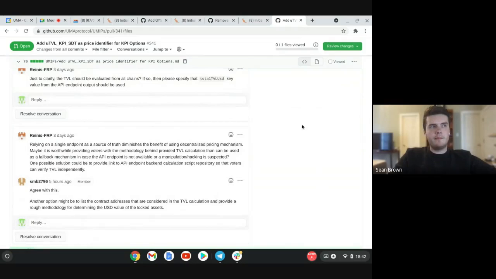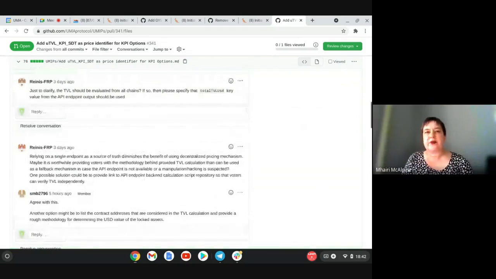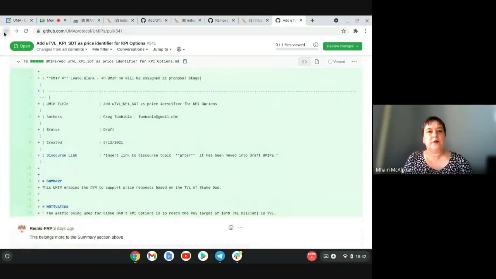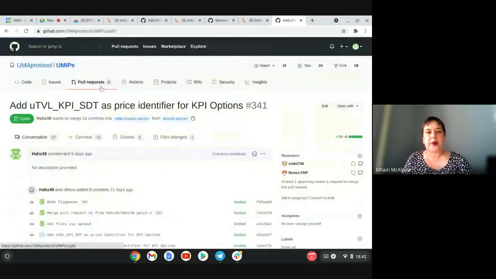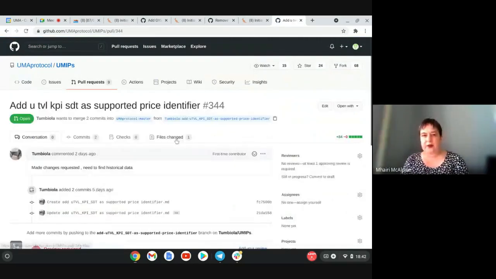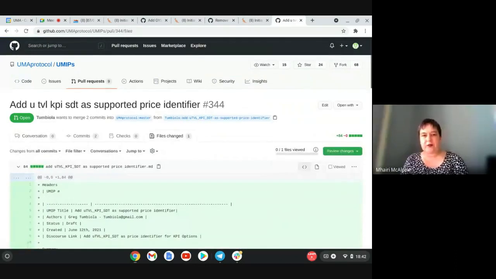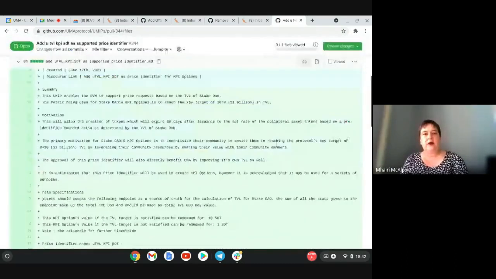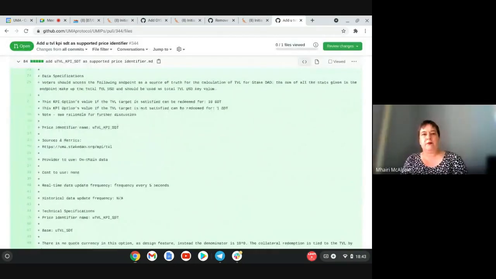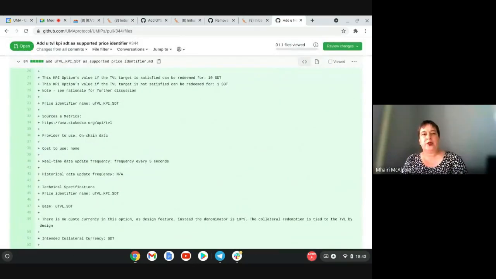Mm-hmm. Now, I did actually notice that there was another pull request put in for SDT. And I just wonder if they have actually added this in. I haven't reviewed it. But they do seem to have an API in here.